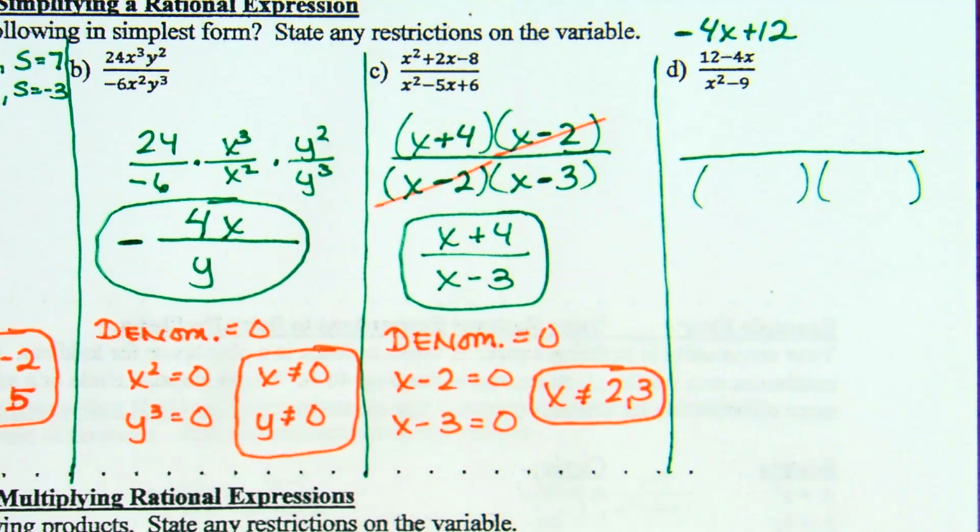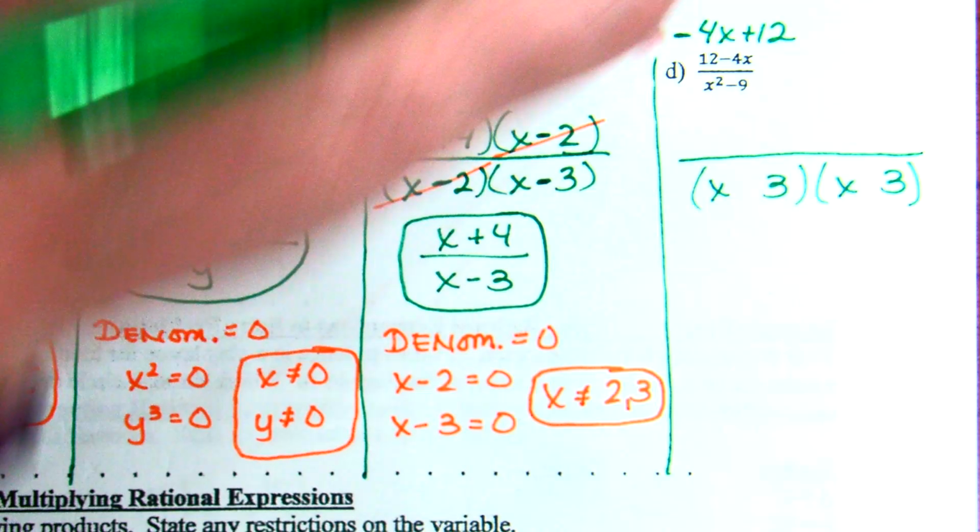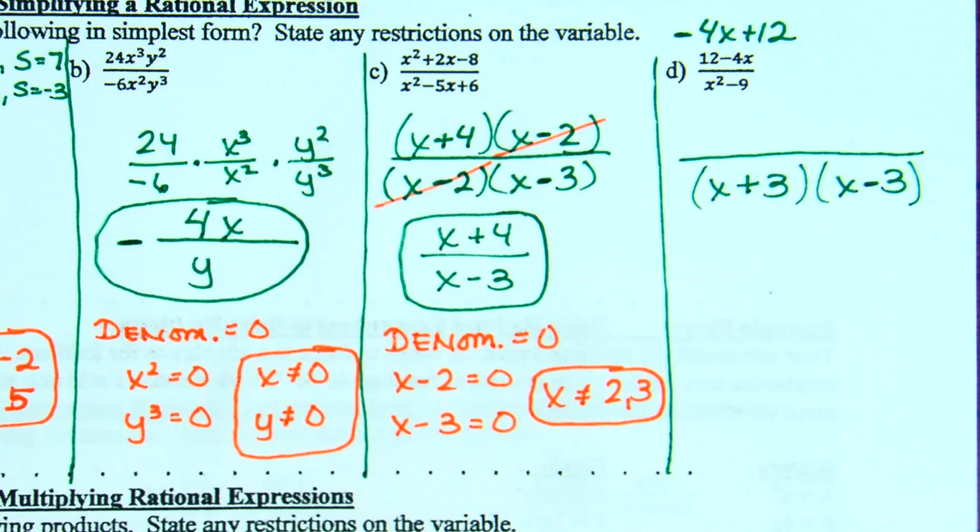They don't both have an x, so we can't do a GCF, but this is the difference of squares. It's two perfect squares being subtracted. So x squared breaks up into x and x. What's the square root of 9? 3. And if it multiplies to be minus 9, plus 3, minus 3. Okay, so watch out for that factoring. It's not always product and sum. Sometimes it's the difference of squares.